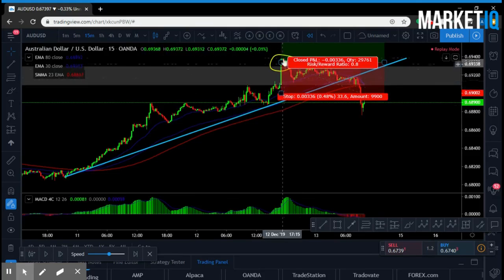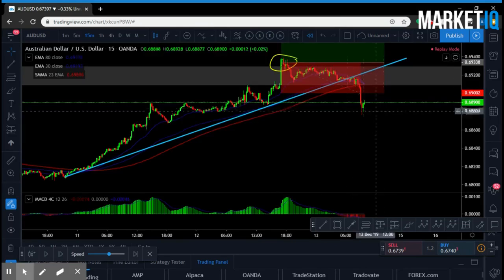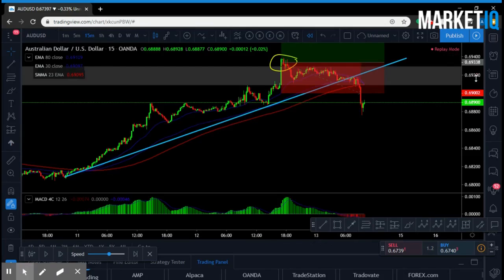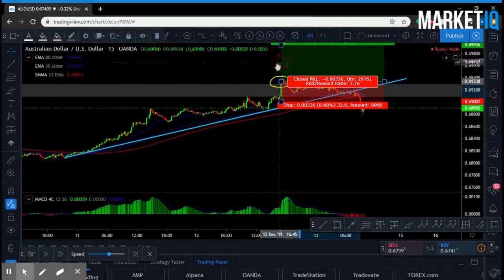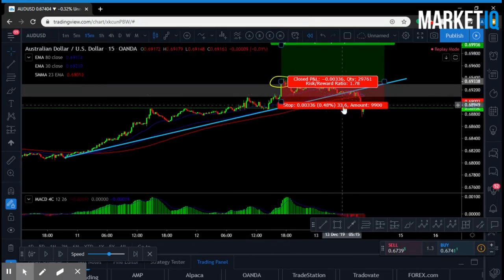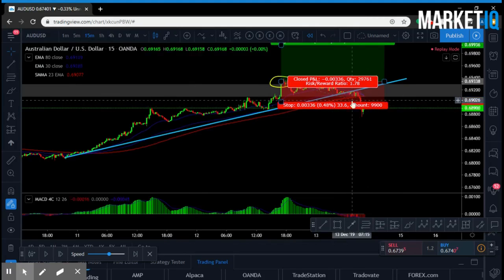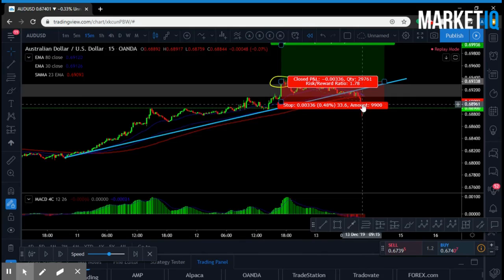So the banks drove price up like this so that these stop loss orders would be here. So if you're in a buy position, let's say this was your buy position, your stop loss order is a sell. So when it hits your stop loss, you sell that position back to the market at less than what you got it for.